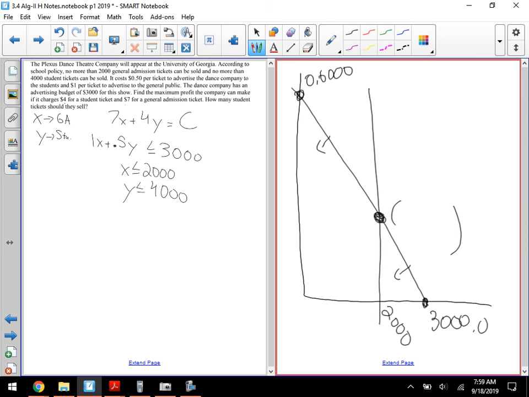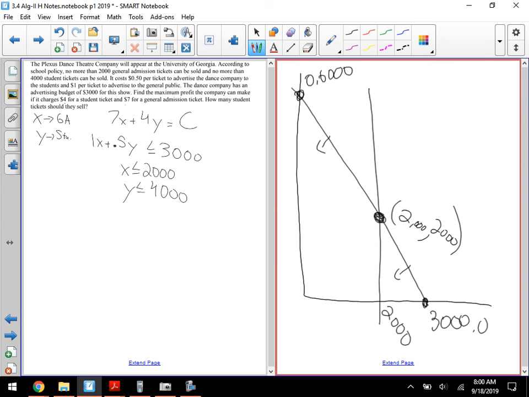It ran into that diagonal line at 1x plus half y is 3,000, so I substitute in here. 2,000 plus half of what number is 3,000? 2,000. So your ordered pair is 2,000, 2,000. So far, so good?